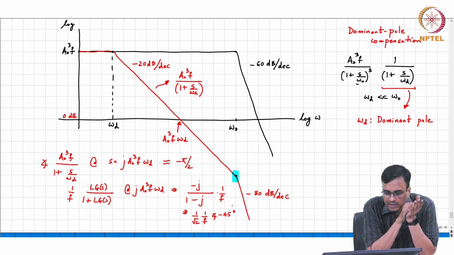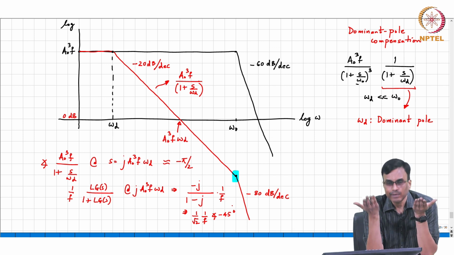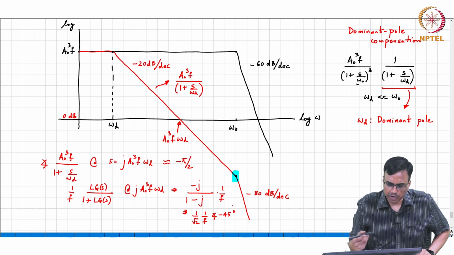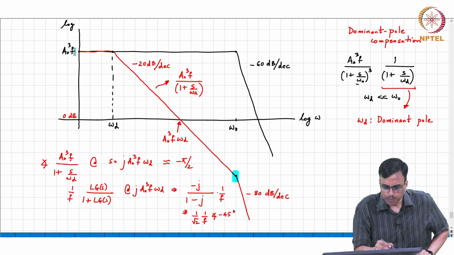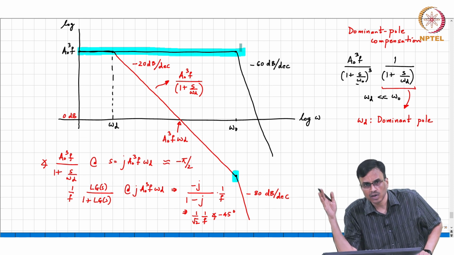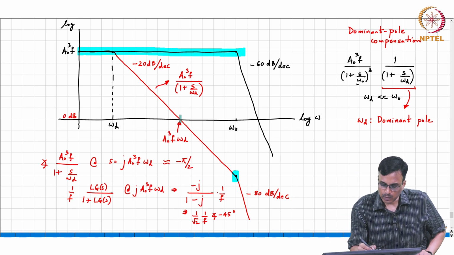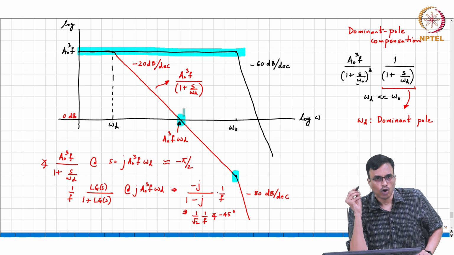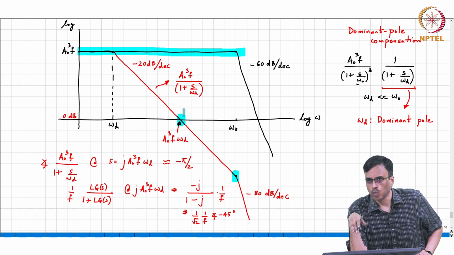You know that there is no free lunch. So what have we lost? In the original system, the loop gain function was high up to a frequency of almost omega naught. But now, at frequencies way below omega naught, the loop gain has already fallen off to 1.